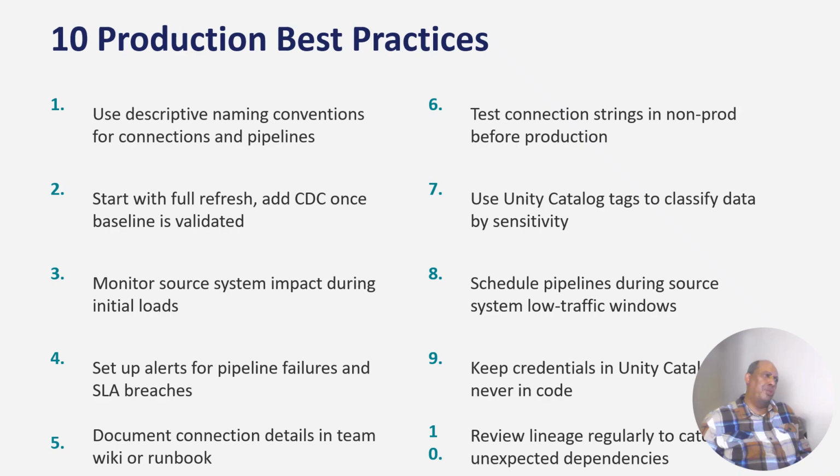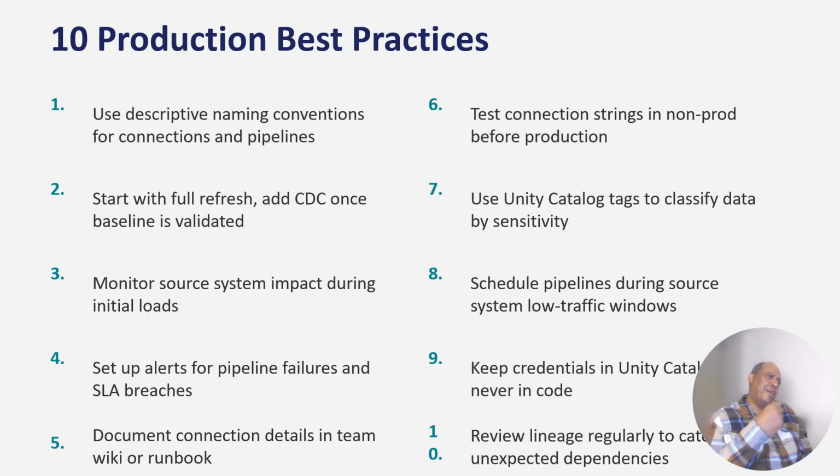It could be education, it could be retail. The purpose of the organization is what you are going to help, not add another burden to it. So always monitor the source system impact during the initial load. What is the impact? Then reduce that impact.